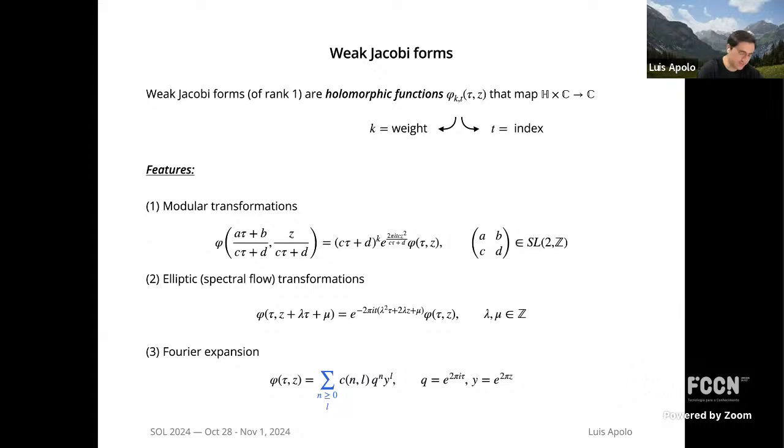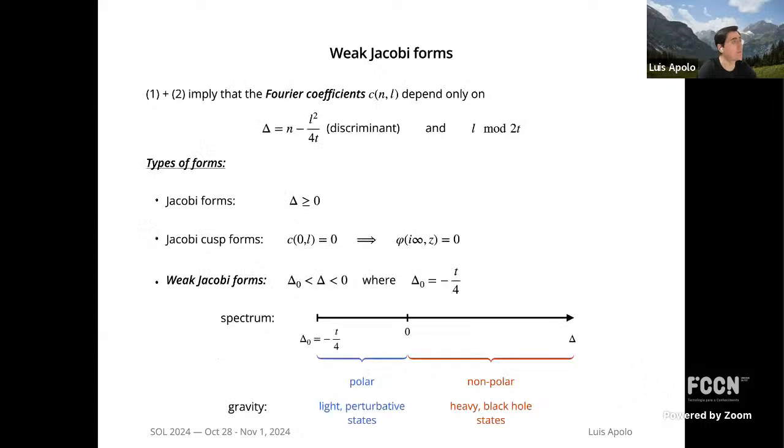I have put this sum in blue because I haven't told you the relationship between n and l in this sum. So this expression is still not valid for a weak Jacobi form unless I tell you precisely the relationship between n and l in this sum. I will tell you this now.